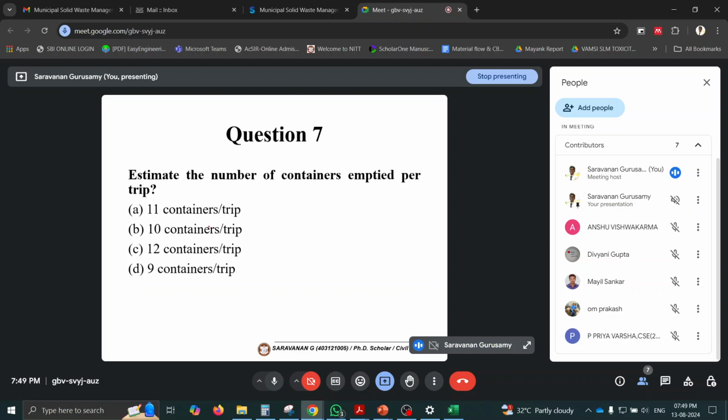This question is about the number of containers emptied per trip, for the stationary container system.